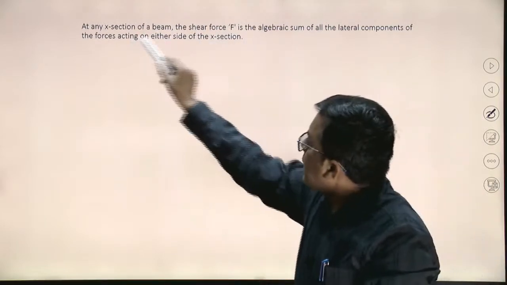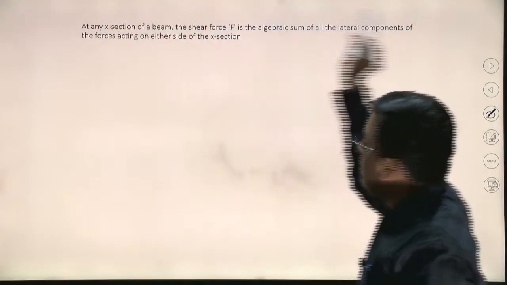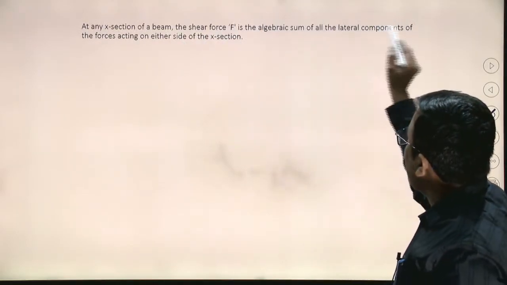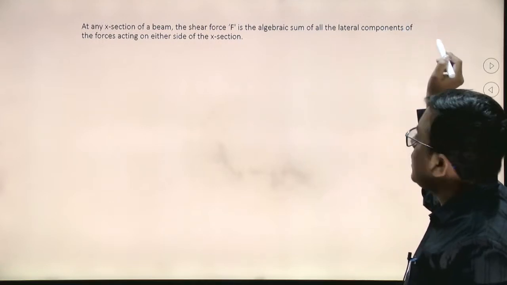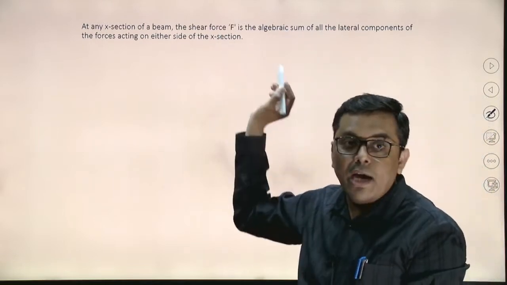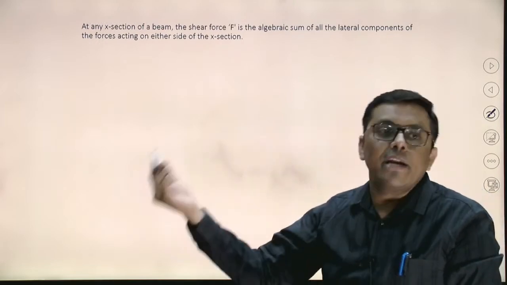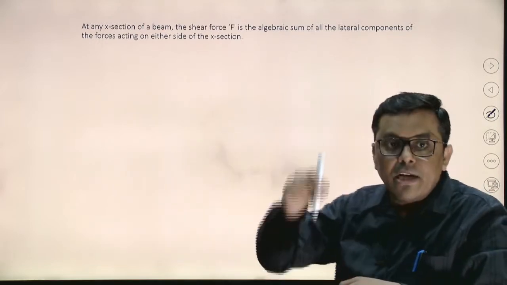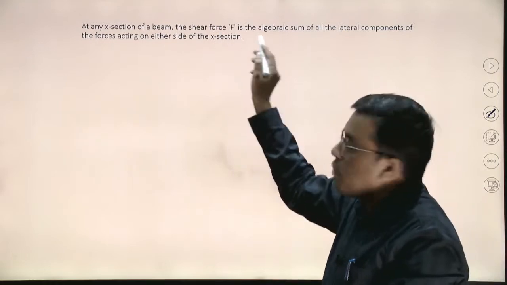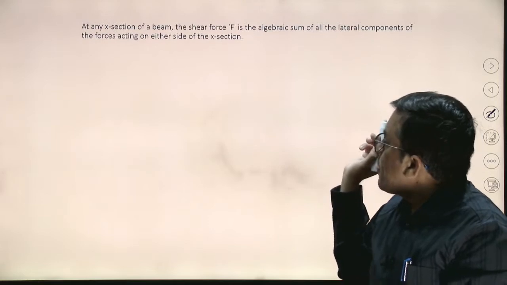So at any section X, meaning where I have divided or cut the beam, the shear force F is the algebraic sum of all the lateral components of the forces acting on either side of the section plane. Whether on the left side or the right side, all the vertically upward and downward forces, the sum of all those forces at that particular section will be the shear force.